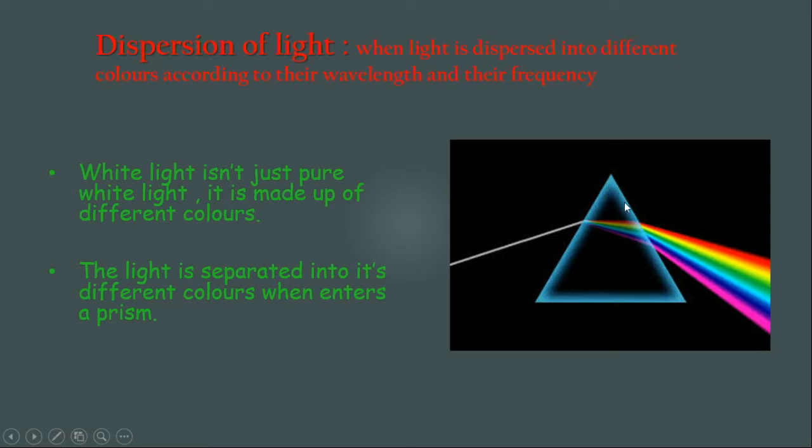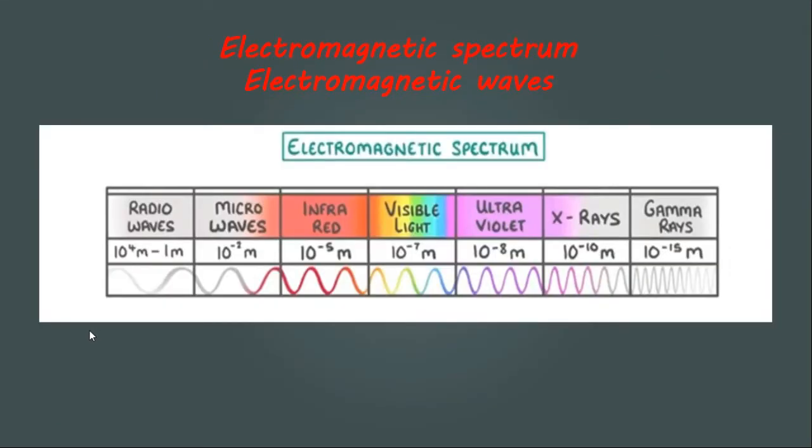It disperses into different colors. Why? We're going to understand exactly this point in this lesson. White light isn't just pure white light, it is made up of different colors. The light is separated into its different colors when it enters a prism. We will see this in our lesson.